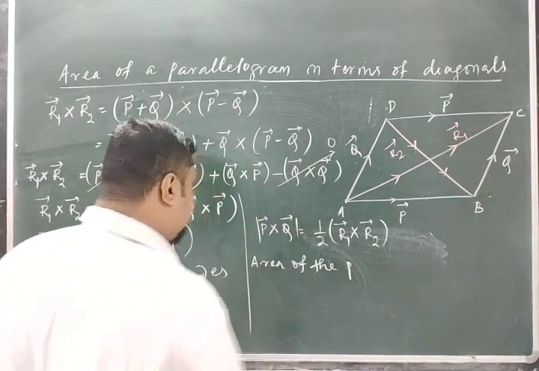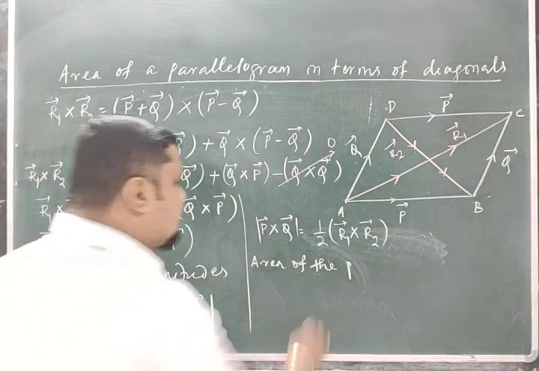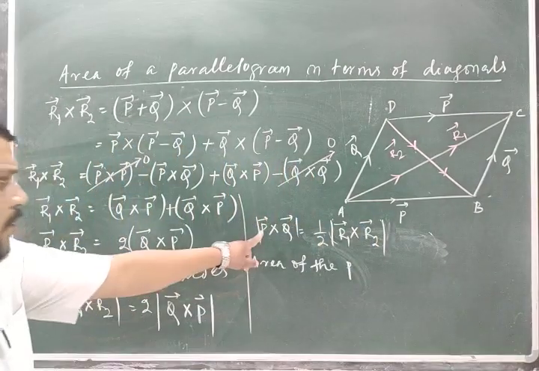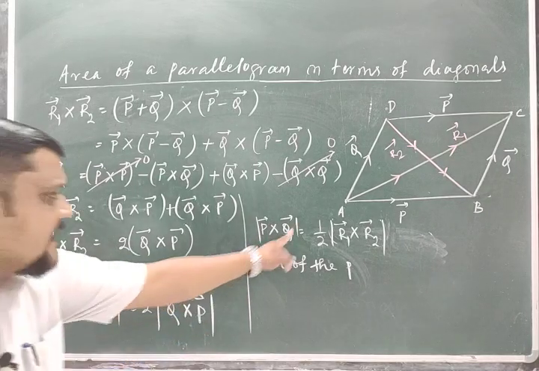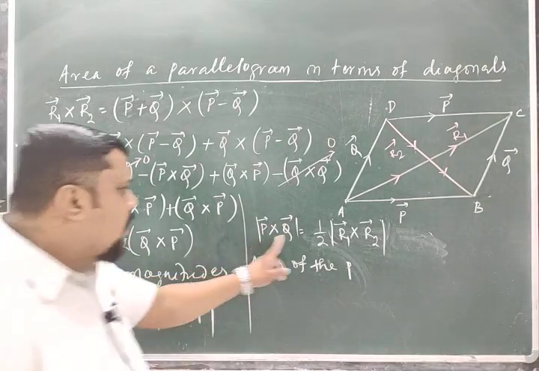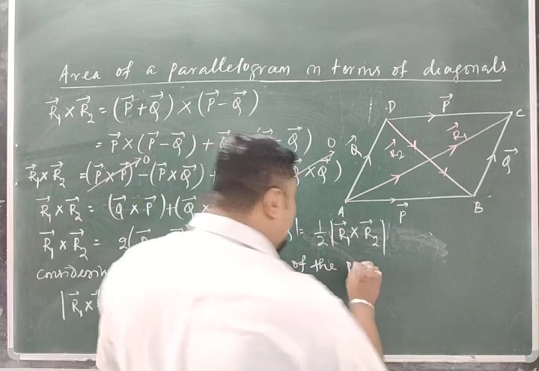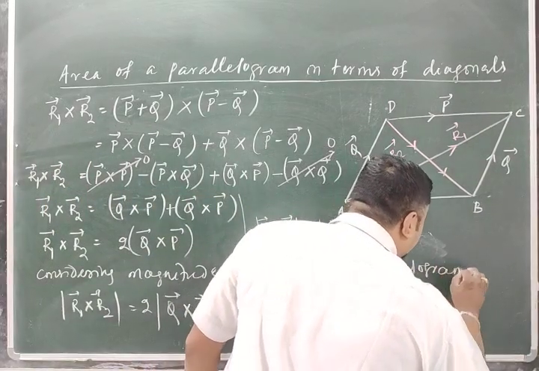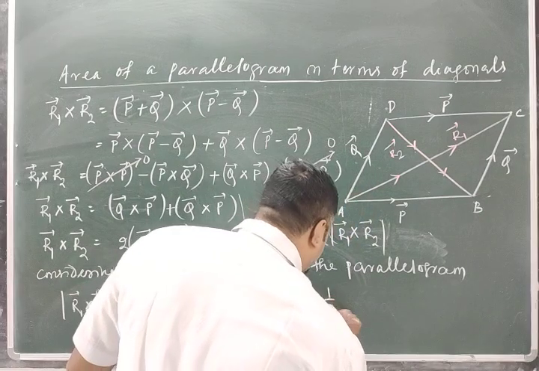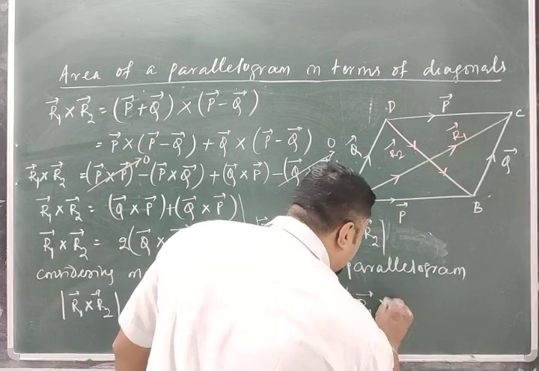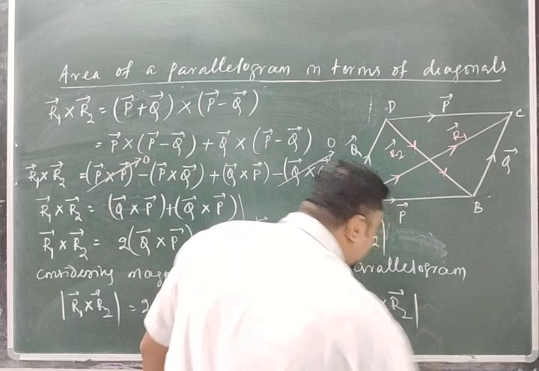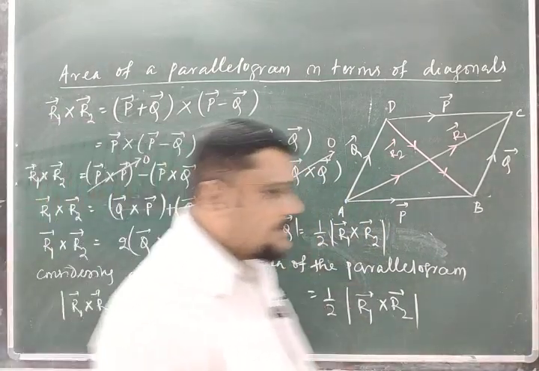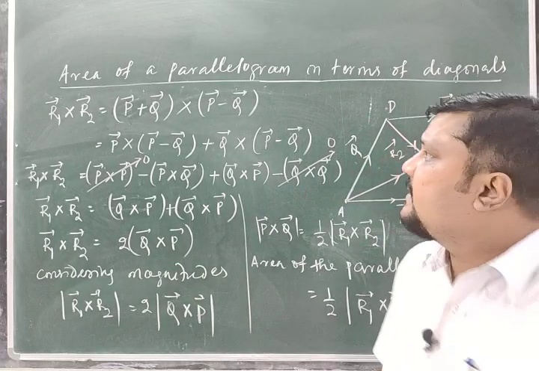Sorry, the mode of P cross Q is equal to half of the mode of R1 cross R2. These are modes, not brackets. So the mode of P cross Q is the area of the parallelogram, which is equal to half of the mode of the cross product of the diagonals. This is the proof. We proved it in terms of diagonals.